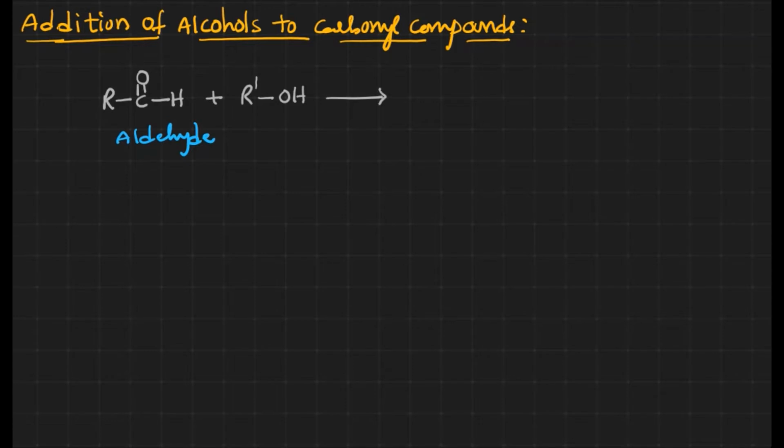What happens here? The first addition gives a compound something like this: OR dash, this part from the alcohol, and the H will come here.